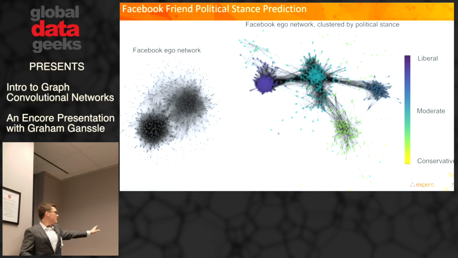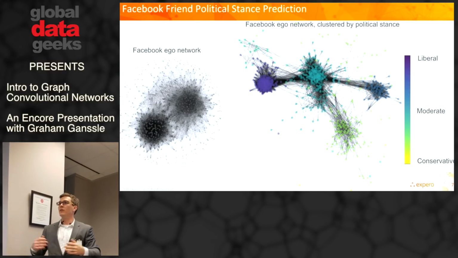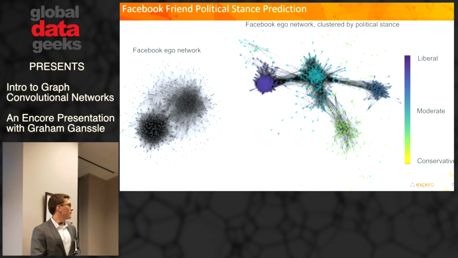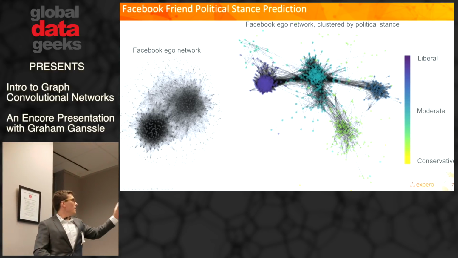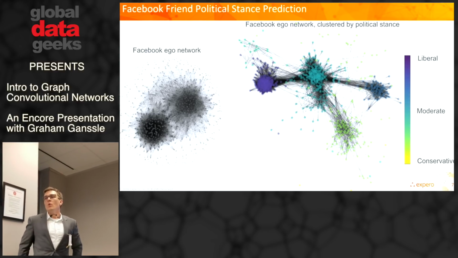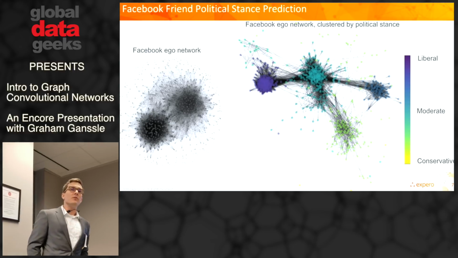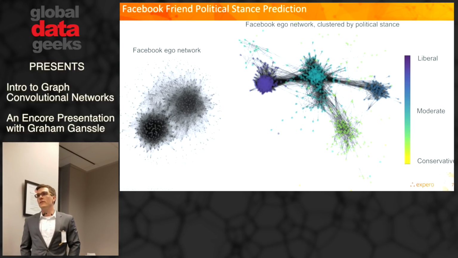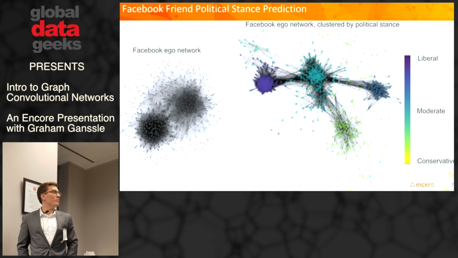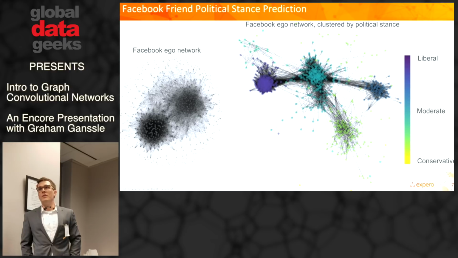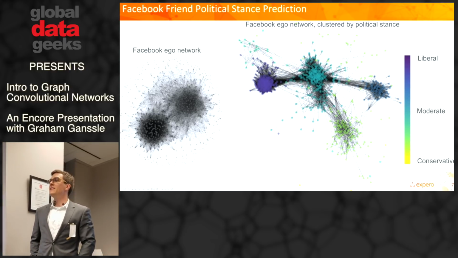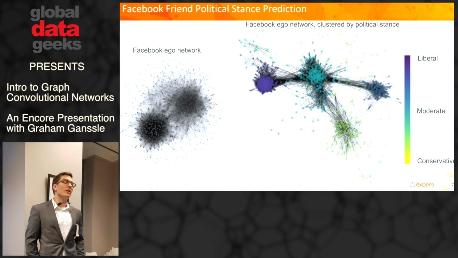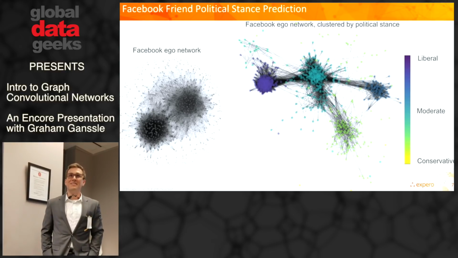It's just all of the data plotted arbitrarily. That's a force-directed layout. And on the right-hand side, we've used a community clustering algorithm to group the nodes in the graph, so those are friends of this person, by their political stance. And we've populated those political stances using a graph convolutional network. So again, very timely.